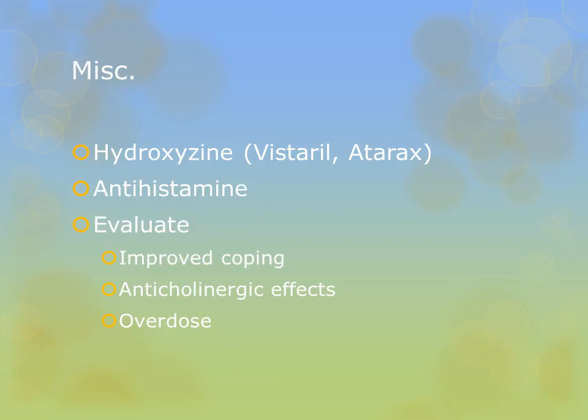That's because it's going to accentuate those sedating effects and could possibly increase the risk of respiratory depression or even just having the patient be knocked out. So safety becomes an issue.